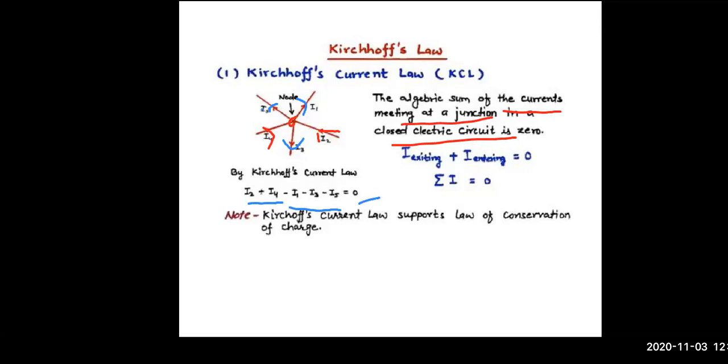So this first law, Kirchhoff's first law, supports the law of conservation of charge. That is, charge can neither be created nor destroyed. It is just transferred from one form to another. This was what we had done in the last class.